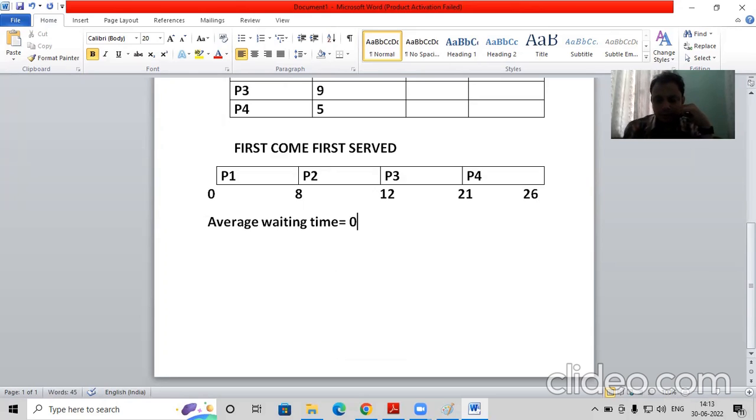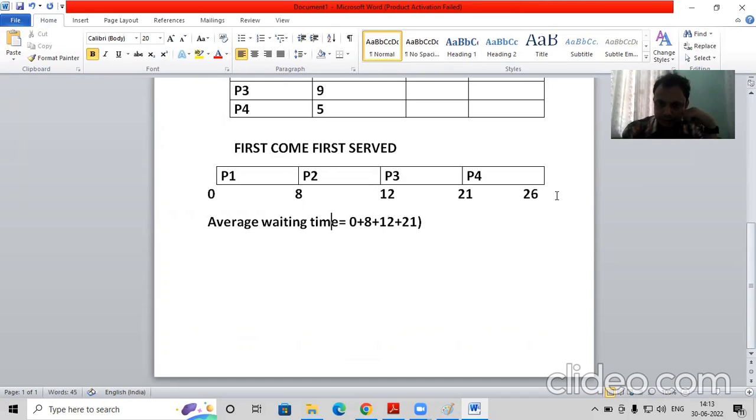P1 waiting 0. P2 is waiting how much time? 8. Then P3 waiting how much time? 12. P4 waiting how much time? 21.